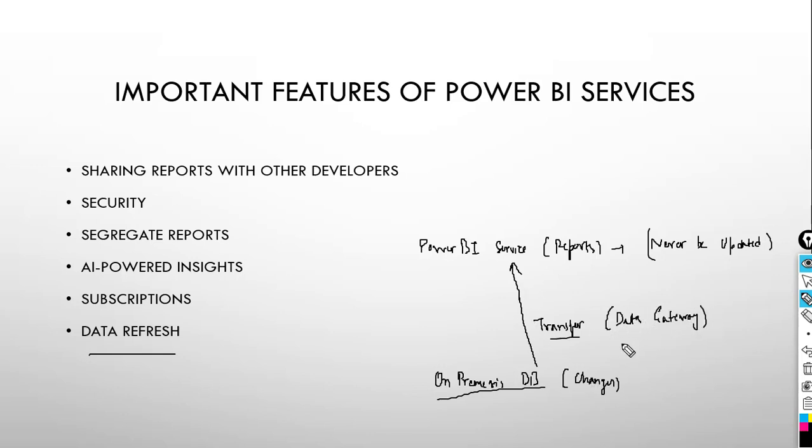This data gateway acts as a bridge between Power BI service and the on-premises data source to securely transfer the updated data. This data refresh operation can be automated also. You can make a schedule and you can automate this data refresh process in the Power BI service.